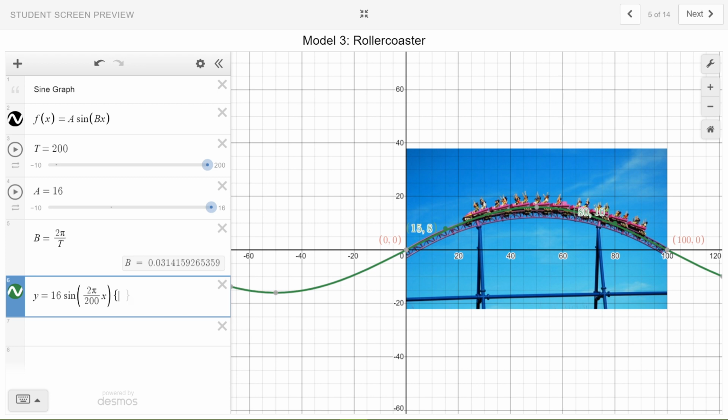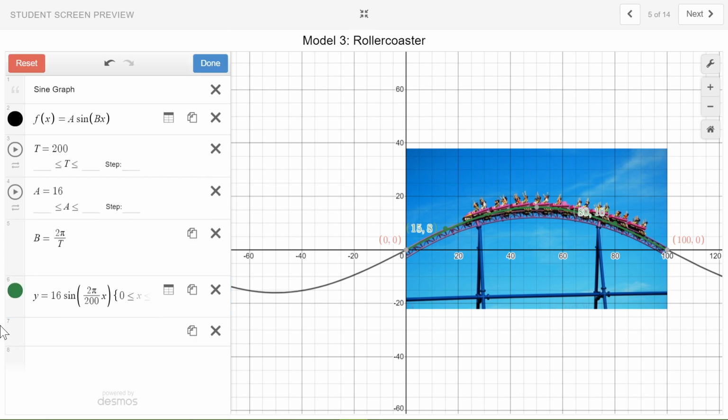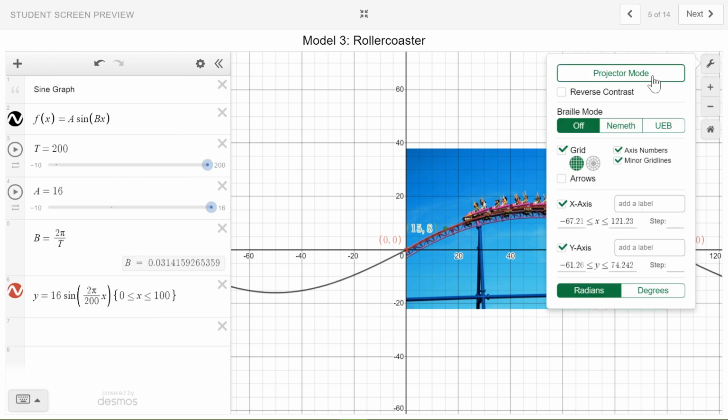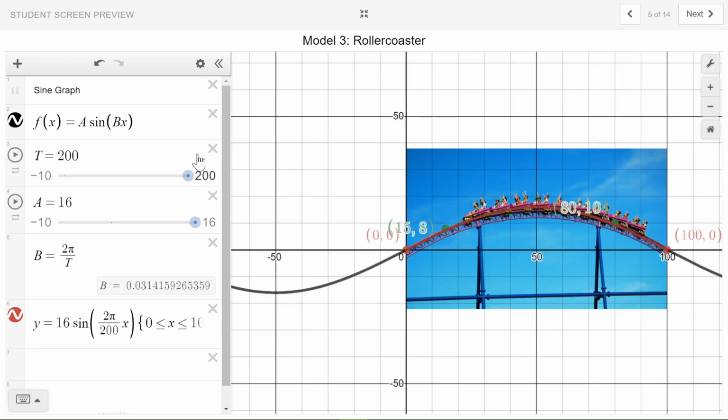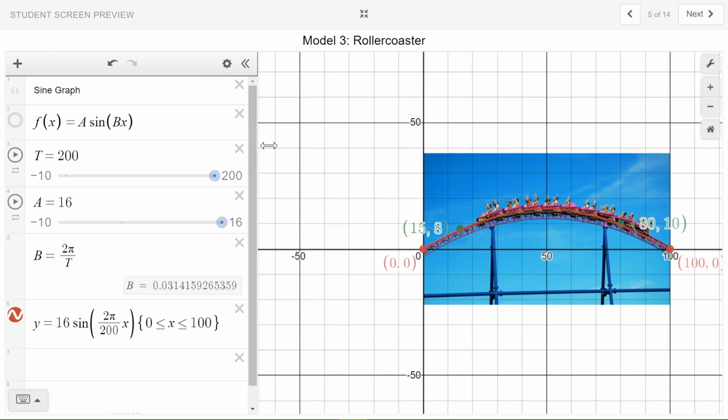And my domain is going to be, once again, from 0 through 100. And I'm going to just change that to red once again, and put this in projector mode. I keep forgetting, sorry team. And then I can turn my other model off. It doesn't matter. I've got my equation.